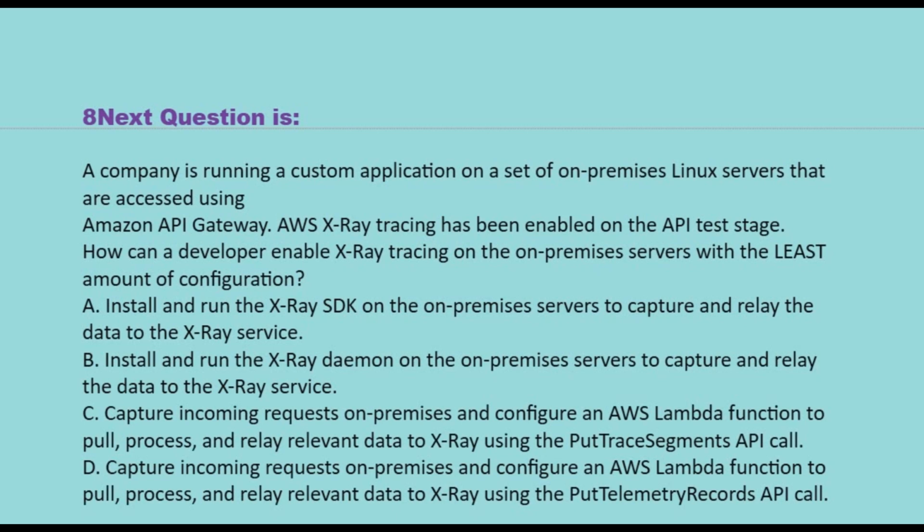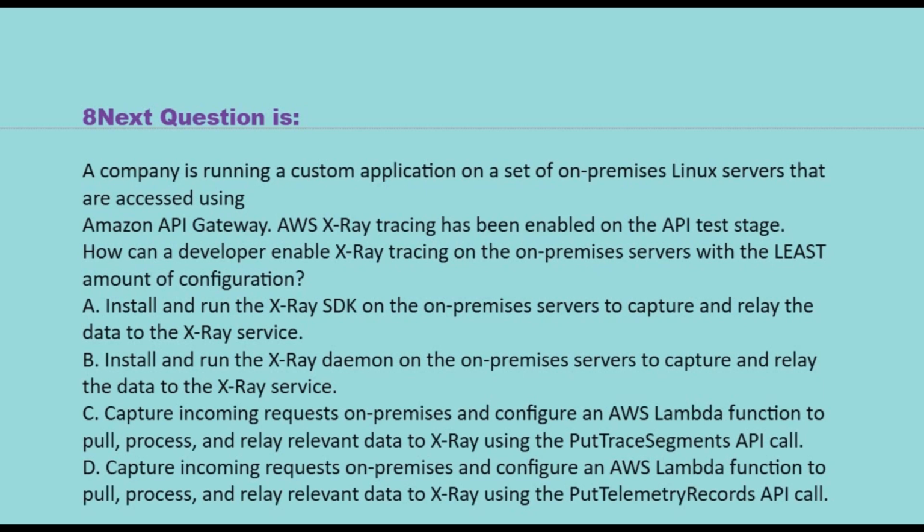Option A. Install and run the X-Ray SDK on the on-premises servers to capture and relay the data to the X-Ray service. Option B. Install and run the X-Ray daemon on the on-premises servers to capture and relay the data to the X-Ray service.